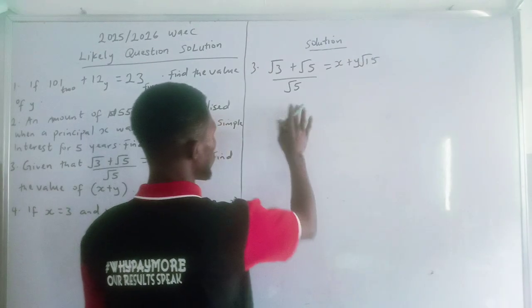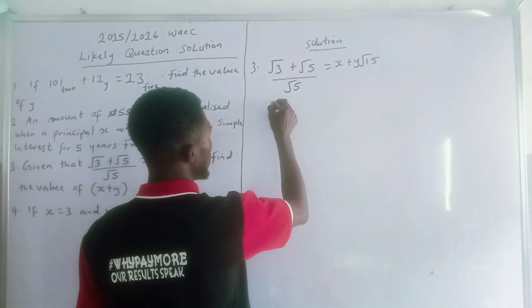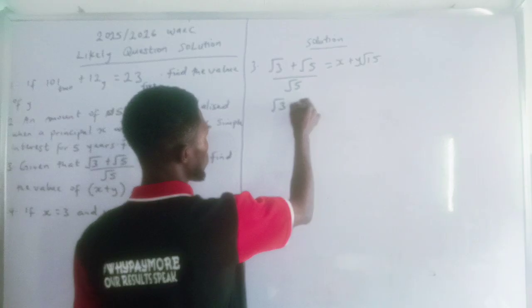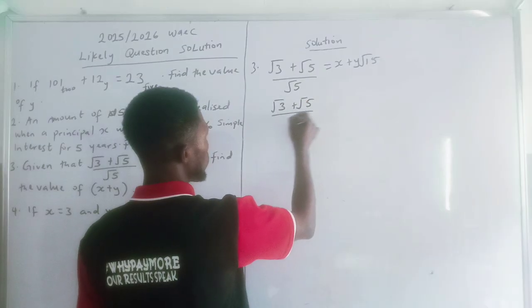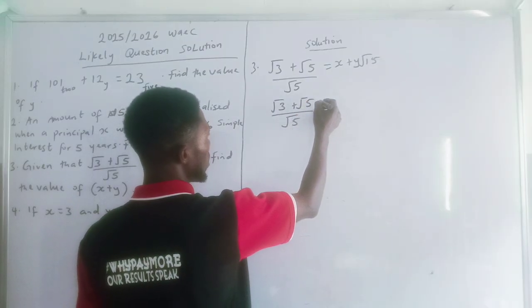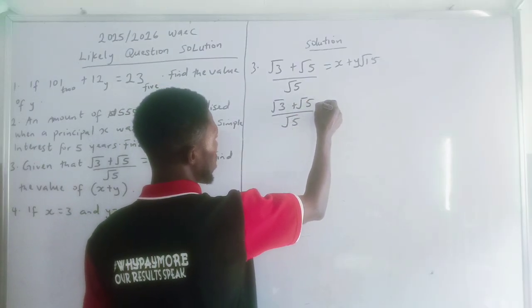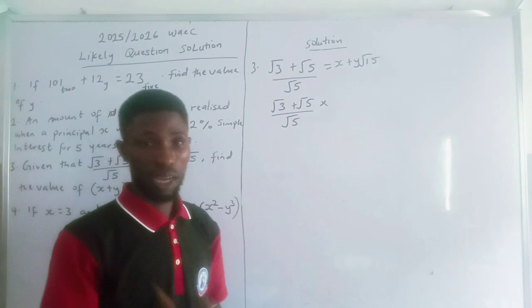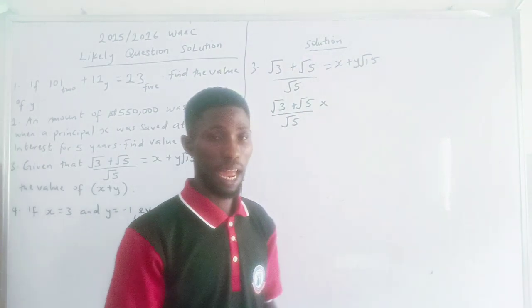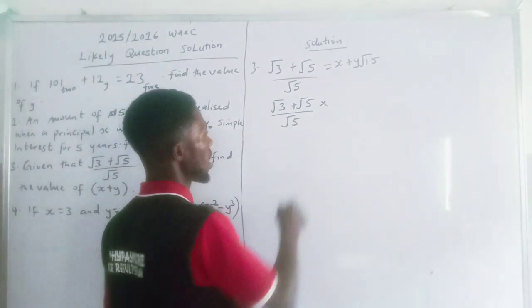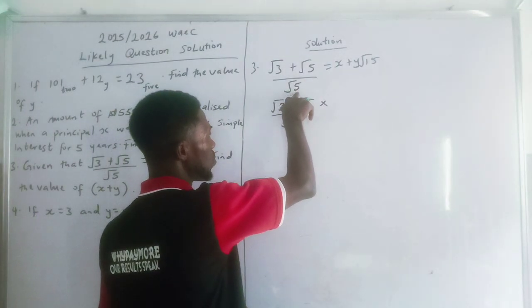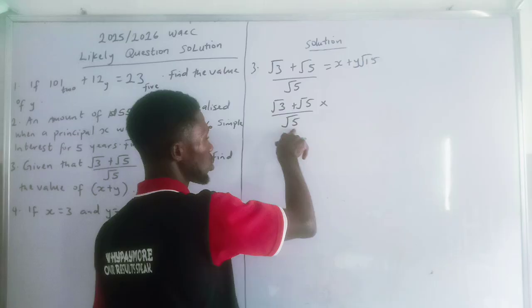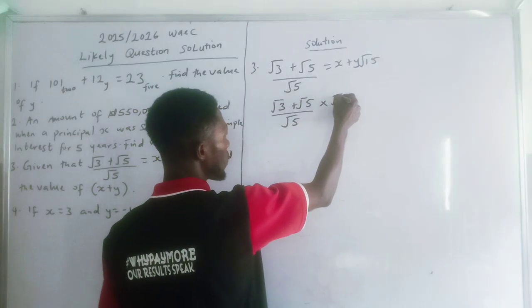So now what are we going to do? Root 3 plus root 5 over root 5 equals, because there's something called rationalization, we have to rationalize. So how can we rationalize? By multiplying by the denominator, which is the square root of 5, over square root of 5.